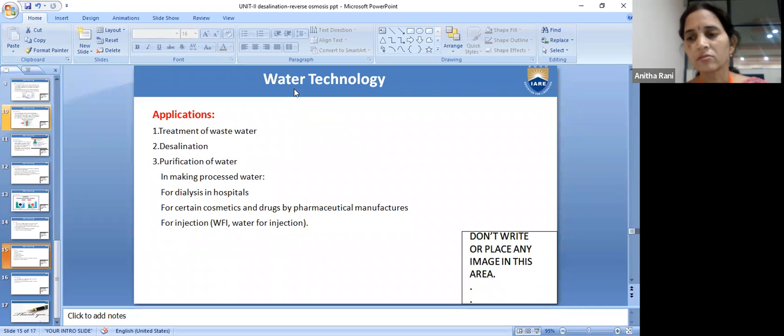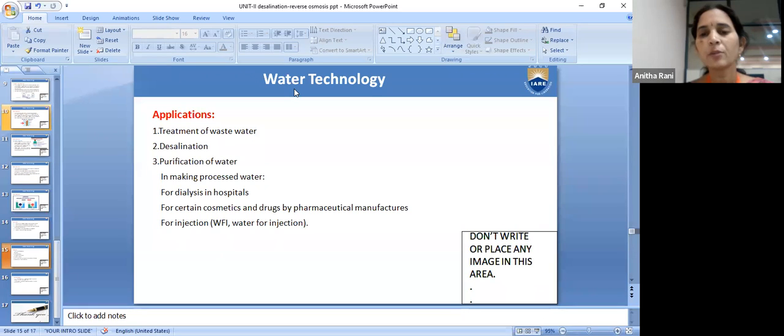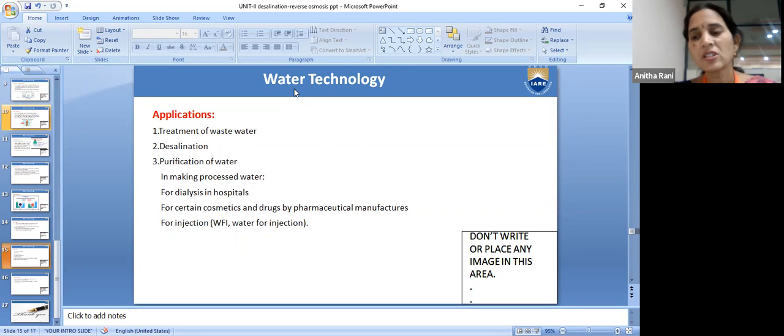Solution contains both solute and solvent. Solvent moving from lower concentration to higher concentration by osmotic pressure, in the presence of a semi-permeable membrane, through a semi-permeable membrane. Okay.